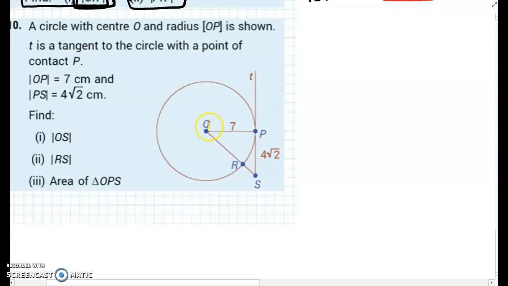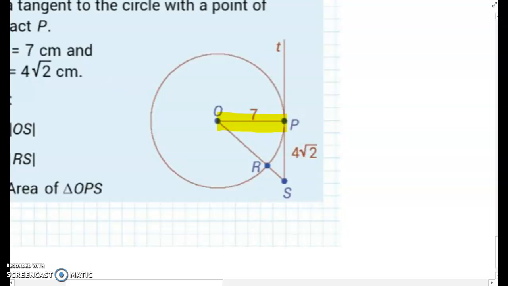OP is this bit of it. At first glance, you can see OP is going to be the same as OR because they're both radii. They're both originating at the center and extending out to the edge of the circle. So they're both 7. That might be important in a moment.